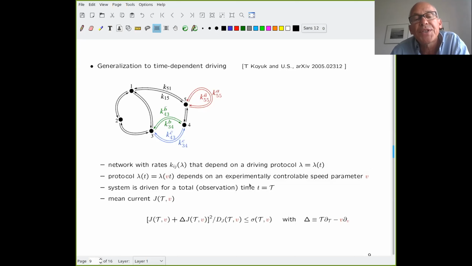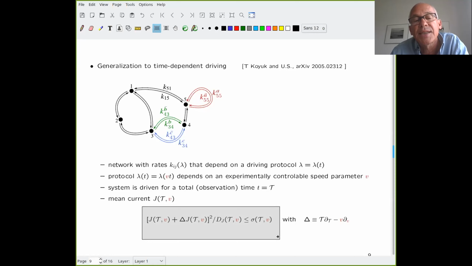And then we observe the system for a time, capital T. We will have a mean current, which depends on the observation time, and it depends on that speed parameter. And then the new relation is this box. So you see on the left-hand side, an additional term, delta J. Without the delta J, it would be the ordinary uncertainty relation.